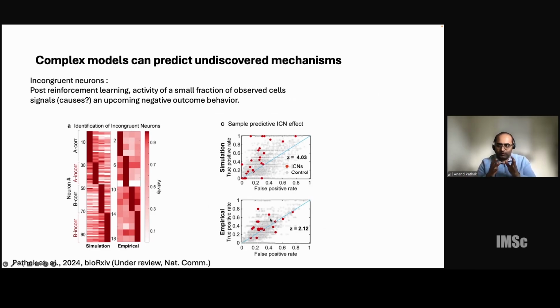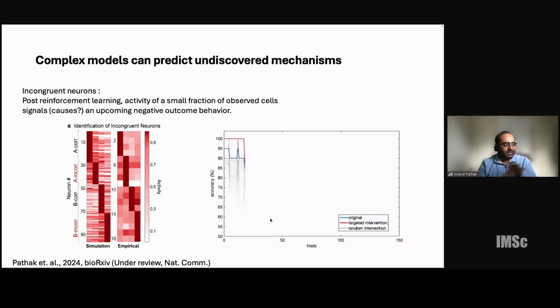So in the empirical trials also, we divided them into two. We identified the ICNs in the first half and then used that to see if they could predict the wrong trials beforehand. And this is an example of a single trial.